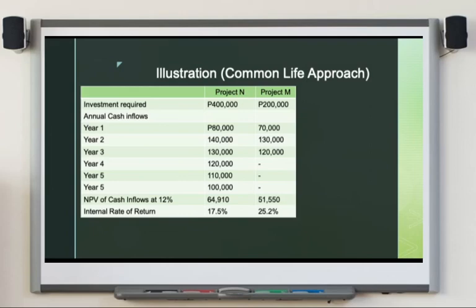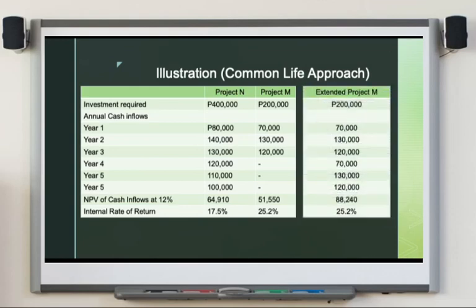Okay, so if we stick to what we have computed, NPV favors Project N and IRR favors Project M. So we now have a problem of which one to follow. To solve this problem, we apply the common life approach, and that is by assuming a common lifespan for the two projects.